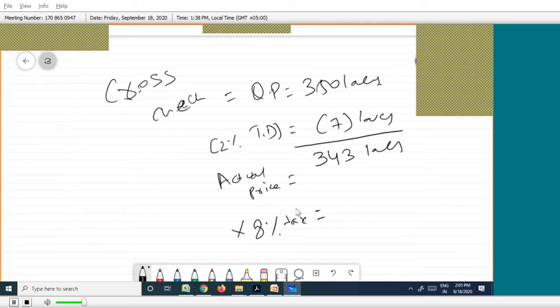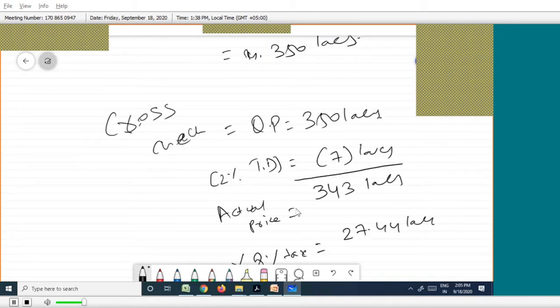So 343 plus 27.44 equals how much? 370.44 lakhs. You got it now? This is my selling price.